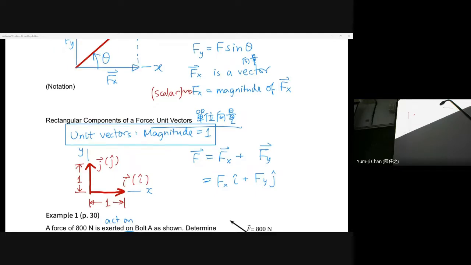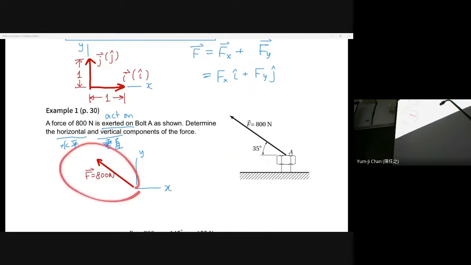So what is the angle of this force? This is not equal to 35 degrees, but this one.